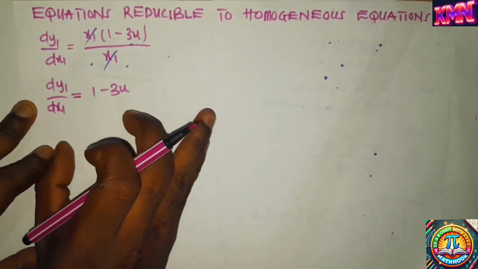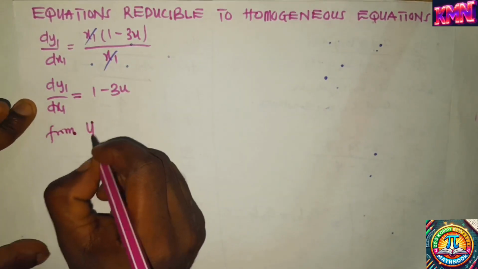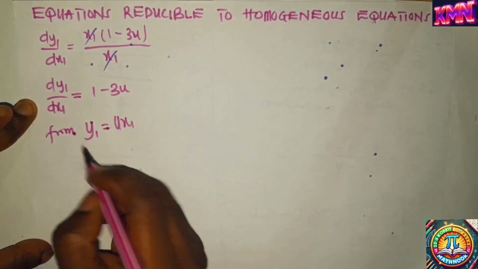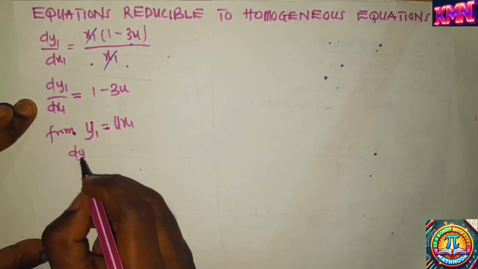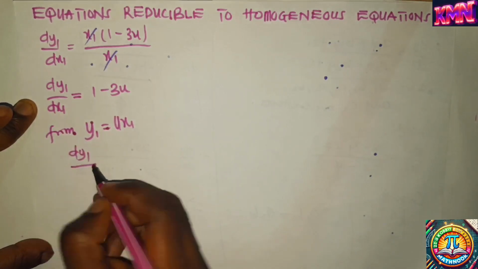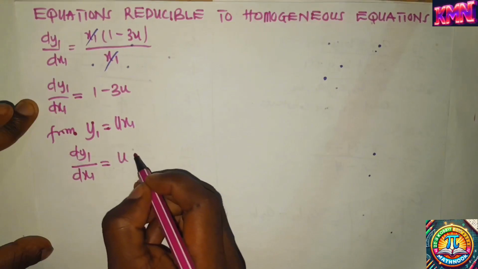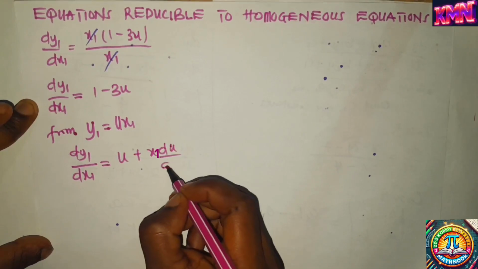Now that we have this, from y1 equals ux1, we can differentiate this with respect to x1, and that will give us dy1/dx1 equals u plus x1 du/dx1.